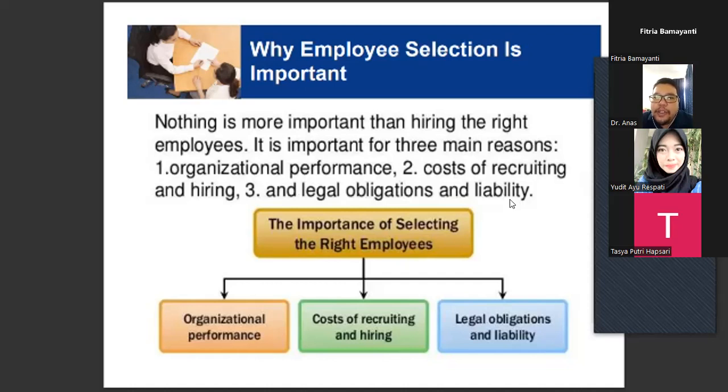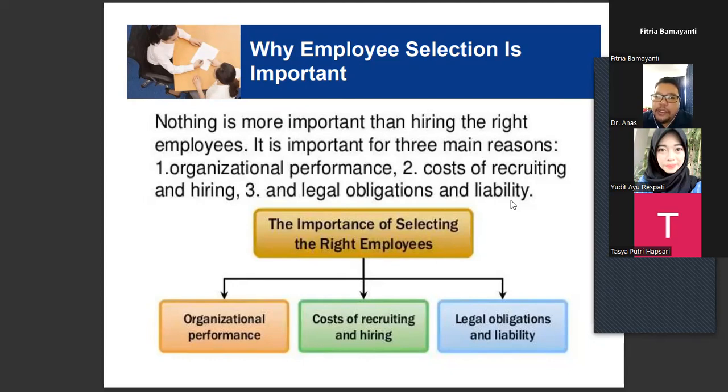So the importance of selecting the right employees: if the organization selects the right employees, their performance in the organization will increase. Second, the cost of recruiting and hiring will be lower because we select the right people.